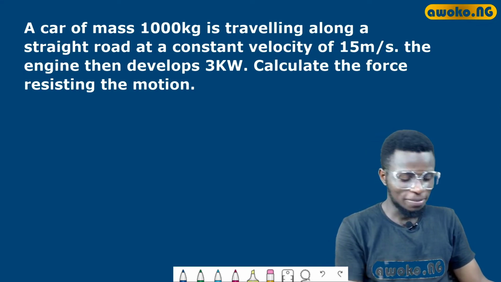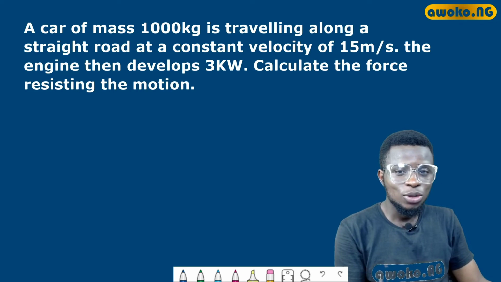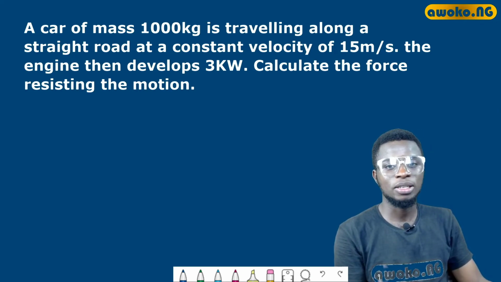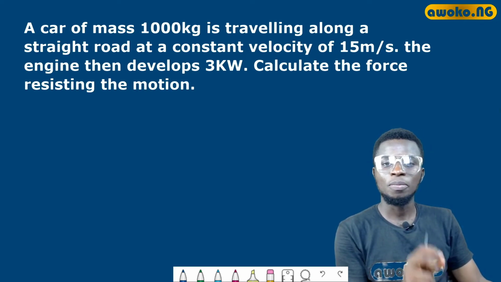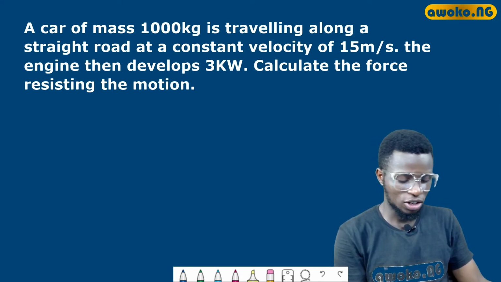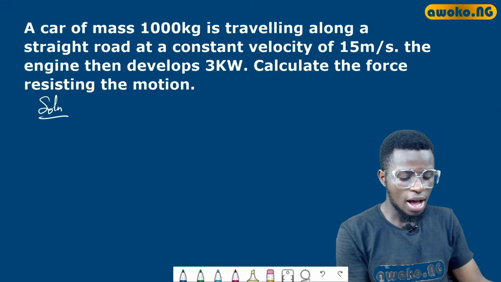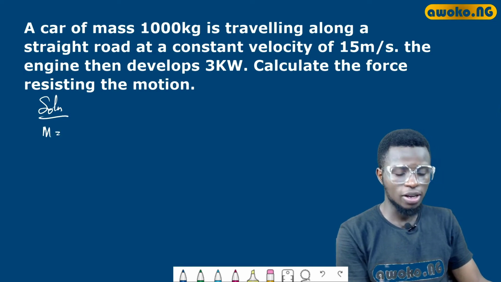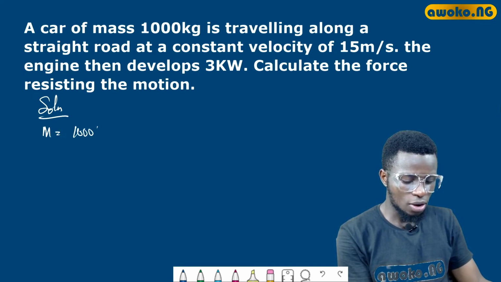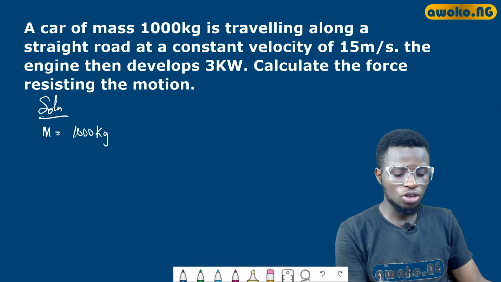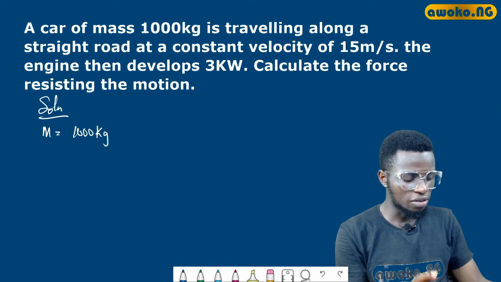Like I said earlier, the first thing to do is to bring out the parameters, which will help us to know the particular formula to use for the question. So solution, we have the mass of the car to be 1000 kilogram, and it is traveling along a straight road at a constant velocity.